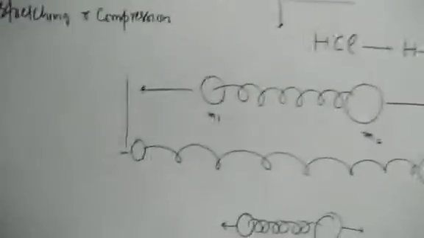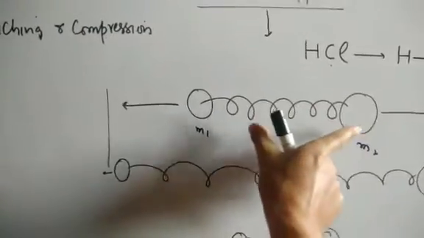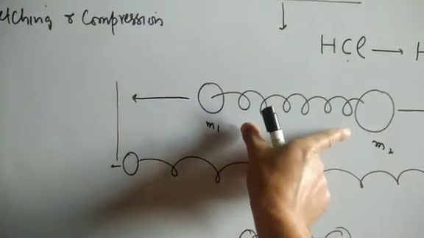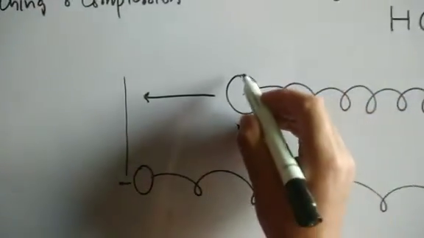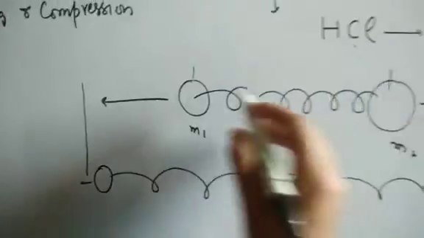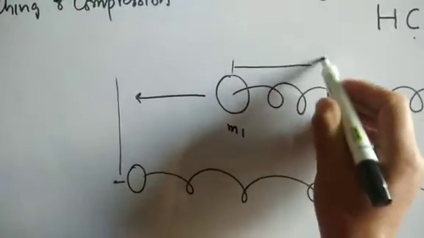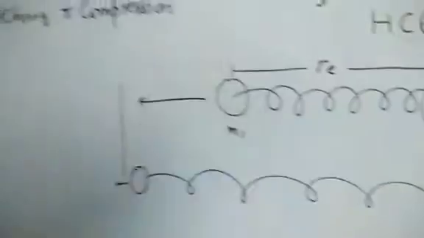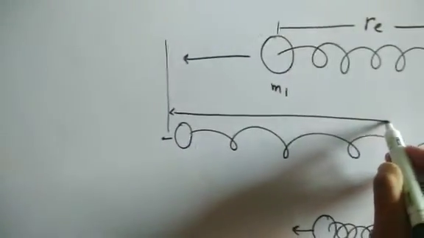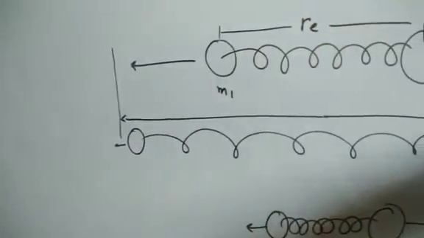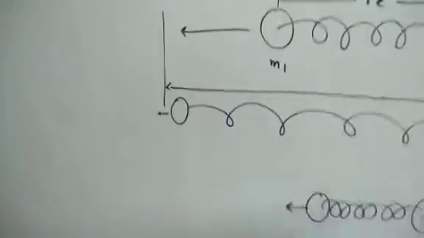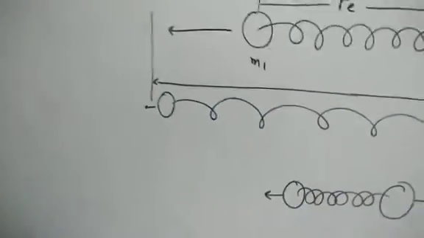Now this is the normal molecule, this is called the equilibrium position, okay? This distance is the equilibrium distance. This is going stretched, this is one type, and this is compression, fine.